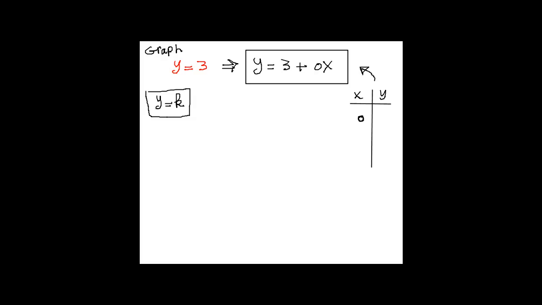Anybody quickly give me what y would be equal to if x is equal to 0 in this equation? Okay, Renee says 3. Very good. All right. If x is equal to 1, what is y? Still 3, right? Remember, y is equal to 3 plus 0x.